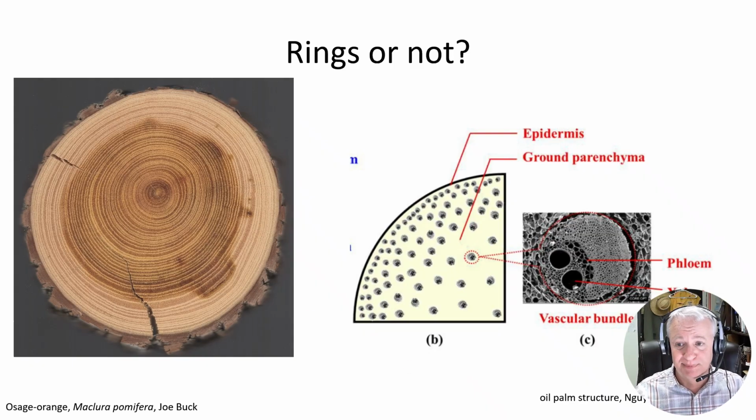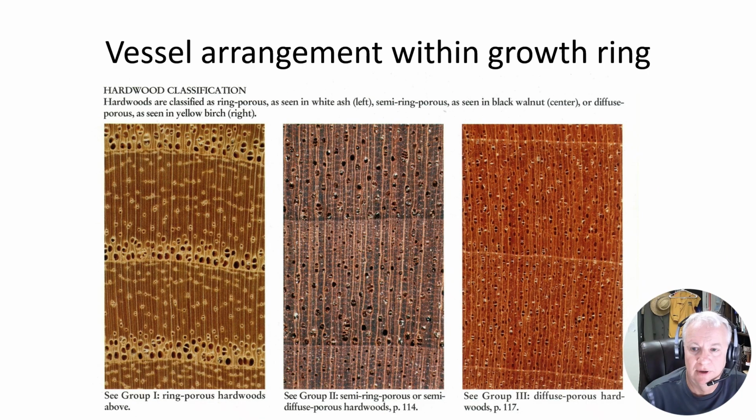Dicot angiosperms are diverse, but there are characteristics we can use to determine dicot angiosperms. So if you've determined the thing has vessels and it's got rings, then you have a dicot angiosperm. So for our purposes, the next step would be to determine how the vessels are distributed across the growth ring.